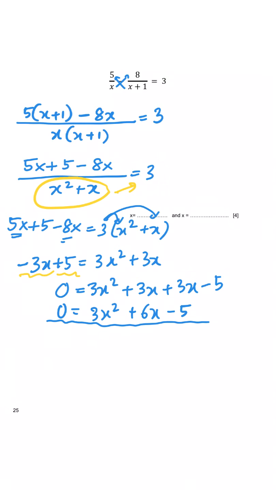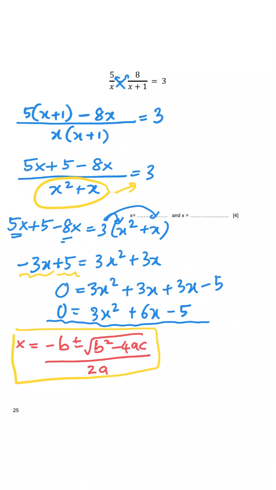As they said in surd form solution, it's kind of a clue to use the formula, your favorite formula, negative b plus or minus the square root of b squared minus 4ac, all over 2a. Yeah, so all over 2a. So this is the formula. So we're going to substitute that, follow that accordingly.